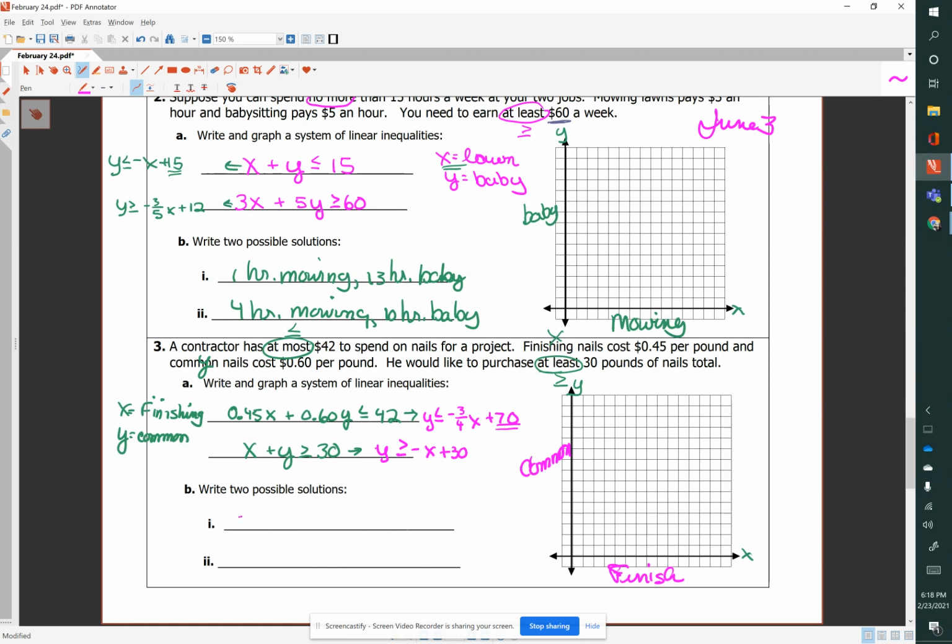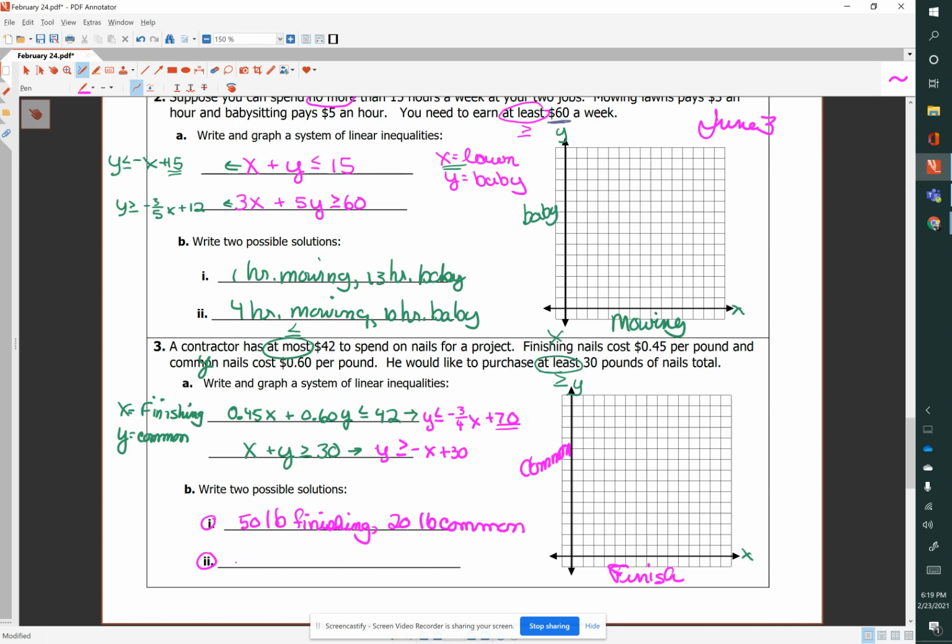So again, there are many other right answers for this section, but we could have 50 pounds of finishing nails combined with 20 pounds of common nails.